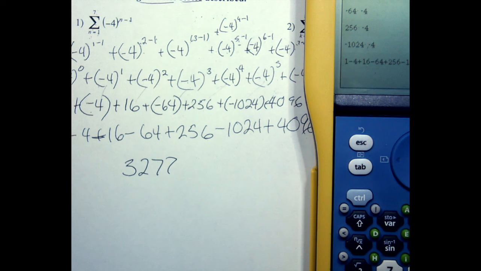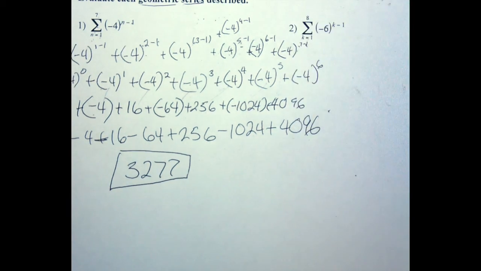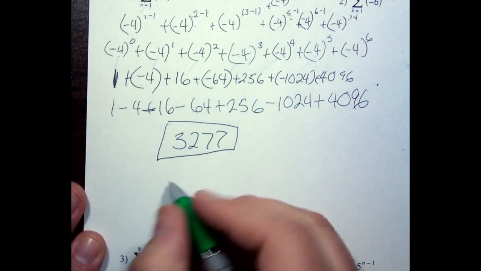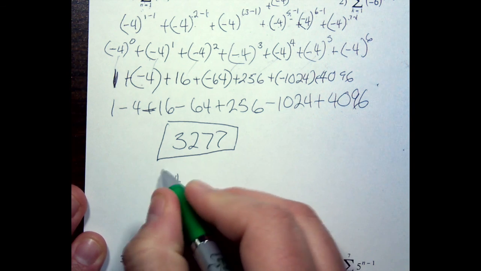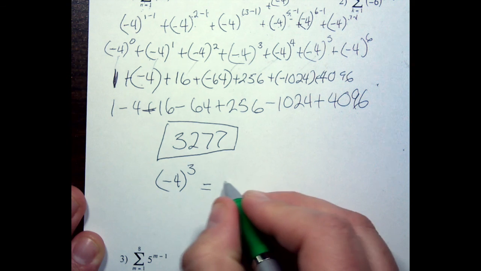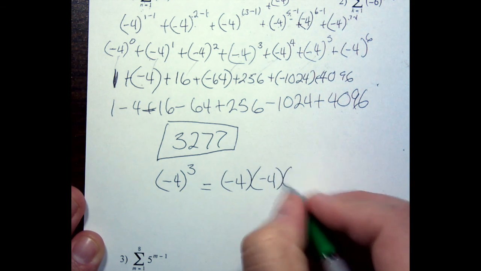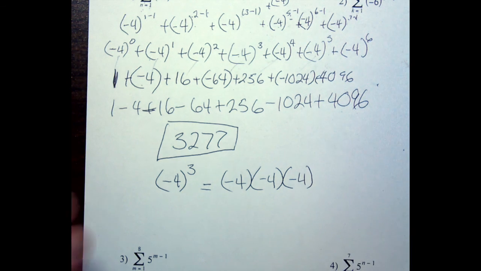This is just basic math when you think about it. You're just adding and subtracting, but you're raising powers. I plugged it in the calculator, but this is the final answer. About halfway through the problem, I realized maybe I should show you that negative 4 raised to the third power is negative 4 times negative 4 times negative 4.